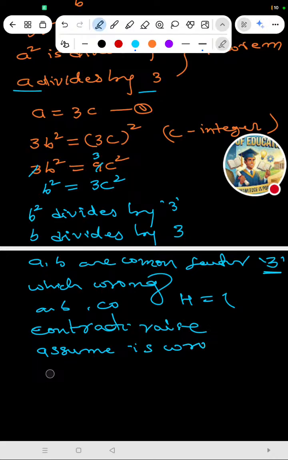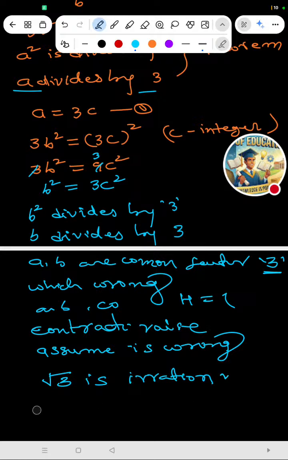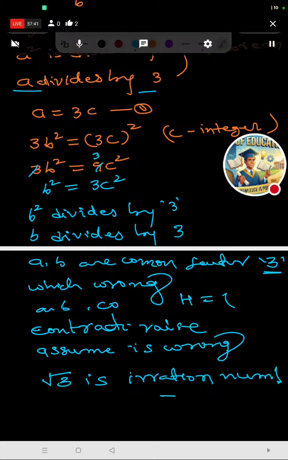So we can say that root 3 is an irrational number. I hope you understand.